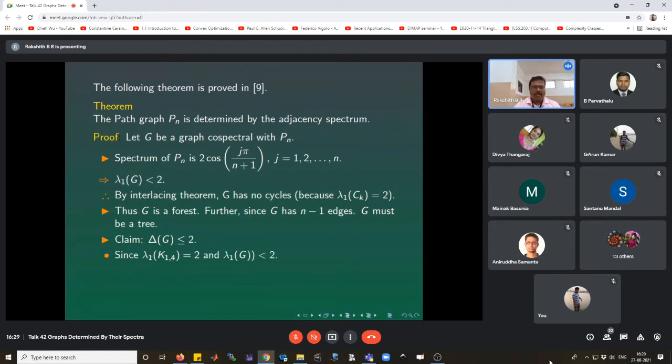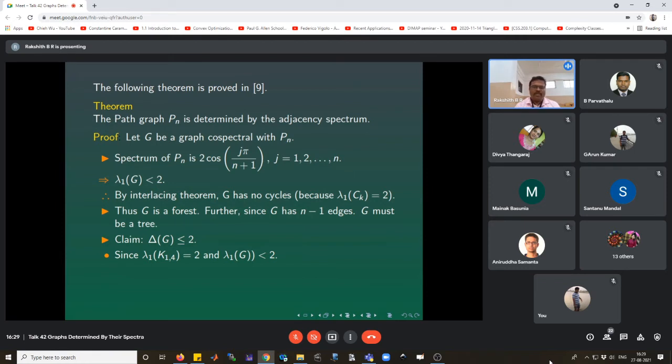So I just consider, suppose it has a degree of 4 or more. If the maximum degree of G is greater than or equal to 4, then it follows that G has K1,4 as its subgraph.